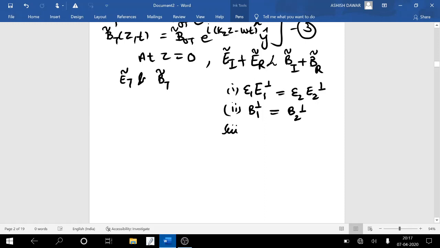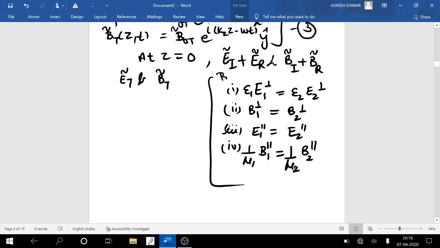Third one is E1 parallel equals E2 parallel, and fourth one is 1 upon mu1 B1 parallel equals 1 upon mu2 B2 parallel. So these are the boundary conditions. Okay, so as we have no perpendicular component, equations 1 and 2 are trivial.